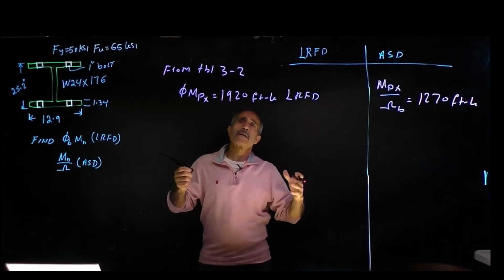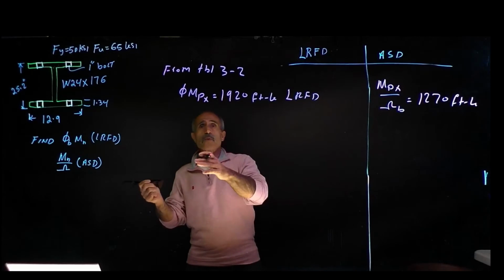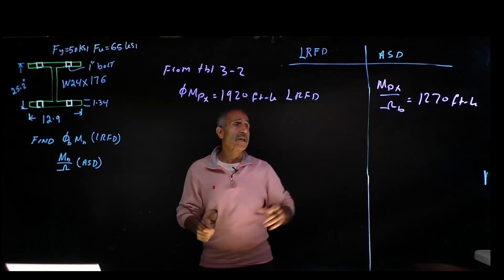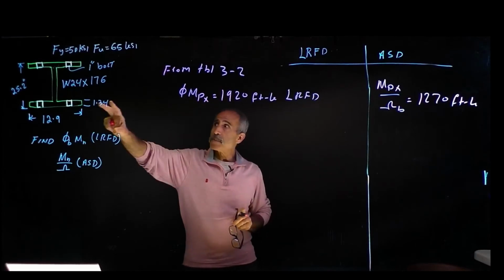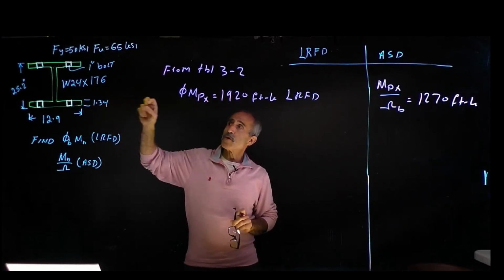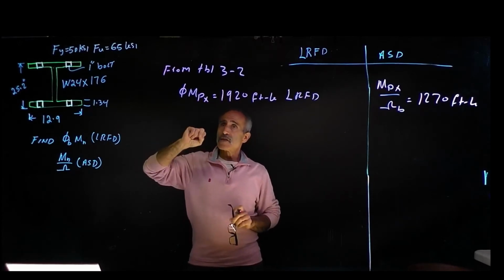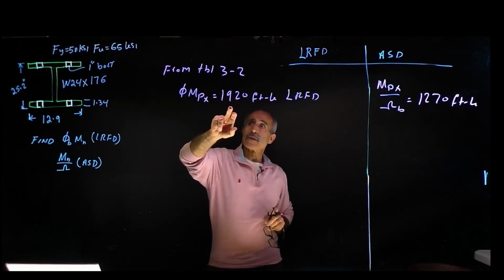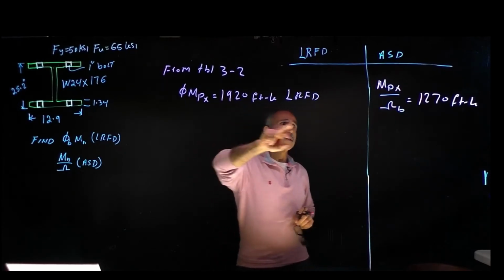Engineers, we're smart and we're lazy at the same time. That's why we came up with these tables. So we just go to the table and take it out. These are the capacity of this beam, the way it's loaded with those bolt holes in it. The capacity of it did not change. Therefore, we take it out from the book itself, Table 3-2, and that's where they are.